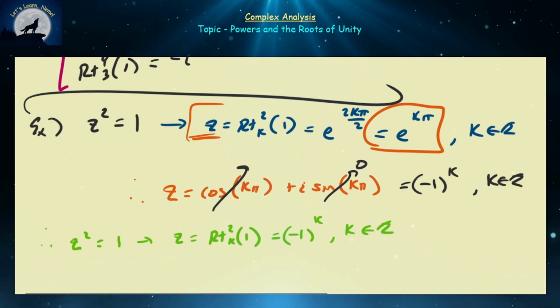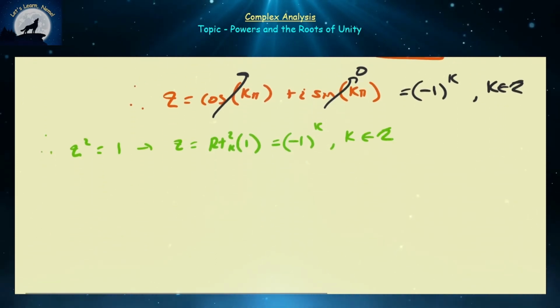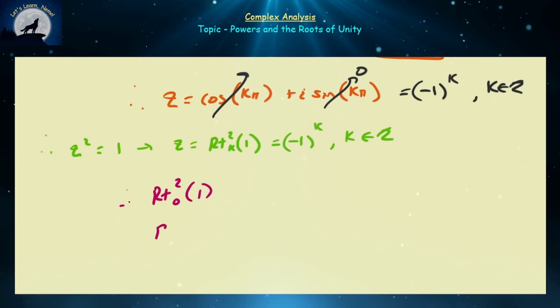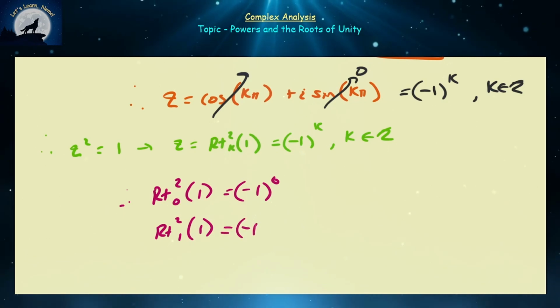And then we can start choosing the principal root and the next root in sequence. So in particular, our two solutions, r2,0 and r2,1, are equal to minus 1 to the power of 0 and minus 1 to the power of 1, which will be equal to 1 and minus 1 respectively.